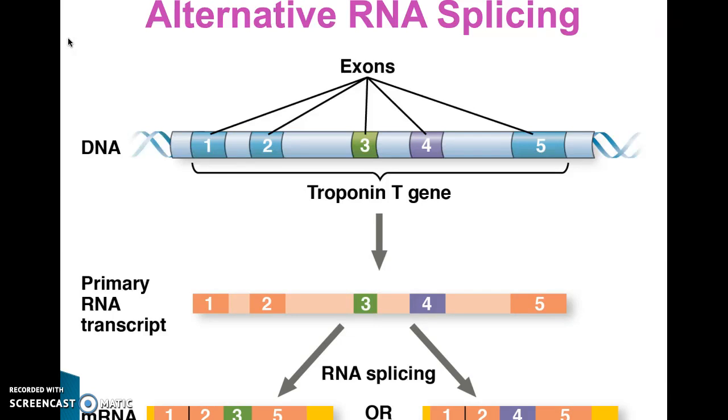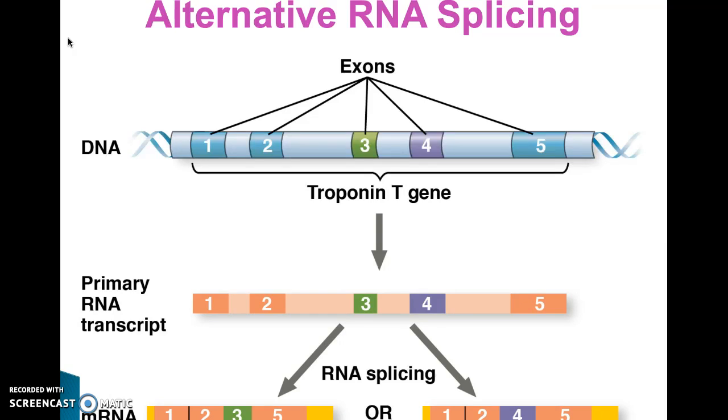The piece right below is pre-mRNA. So there's 5 different exons. The introns are going to be spliced out. And just a simple example, on the bottom left, you can see the exons that stayed are 1, 2, 3, and 5. And then on the right, 4 different exons stayed, 1, 2, 4, and 5.